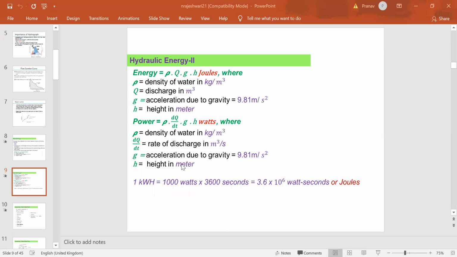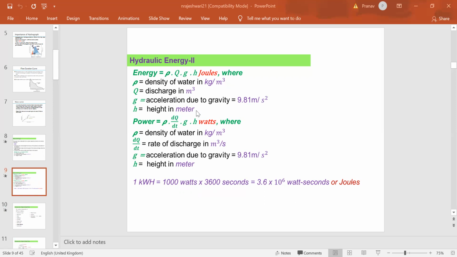Another formula for hydraulic energy is rho q g h joules, where rho is the density of water in kg per meter cube, q is the discharge in meter cube, g is the acceleration due to gravity, that is 9.81 meter per second square, and h is the height in meters.